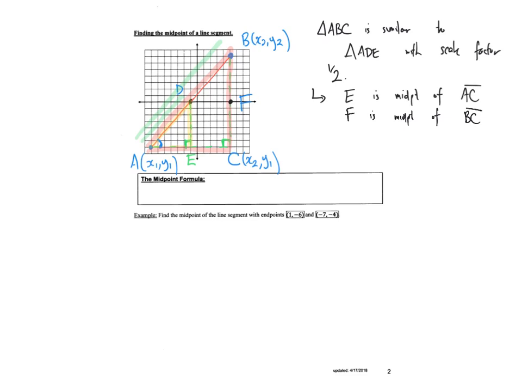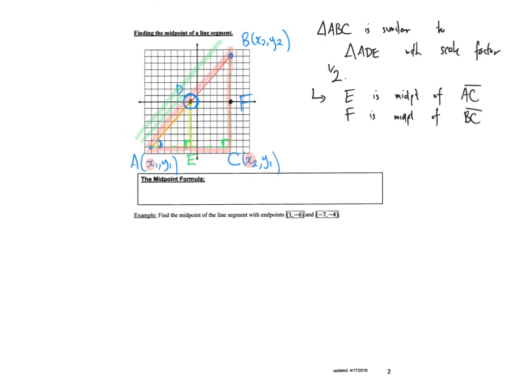So we want to figure out what the x-coordinate of E is and the y-coordinate of F is, because that will tell us the coordinates of D. Well, let's think about E. E is halfway between this x-coordinate x1 and this x-coordinate x2.